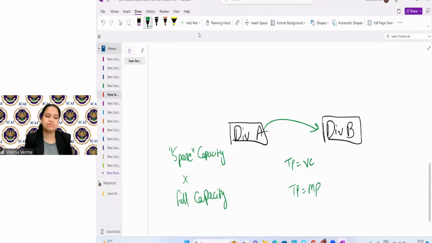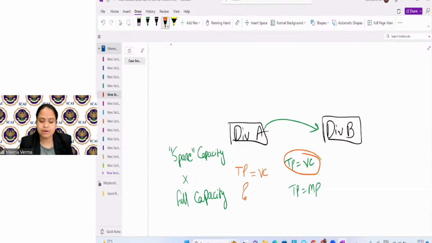Now the question comes that sometimes this transfer pricing may discourage the manager. If the transfer price is variable cost, the profitability of this division will be very less.